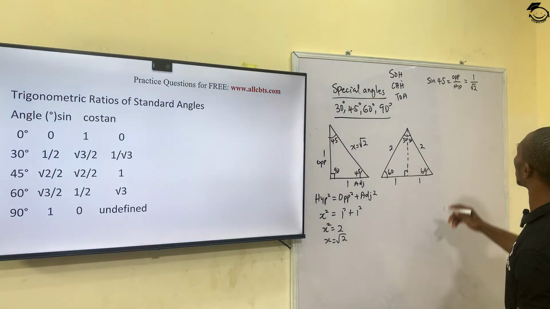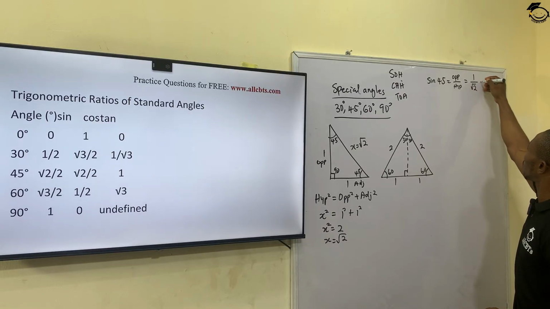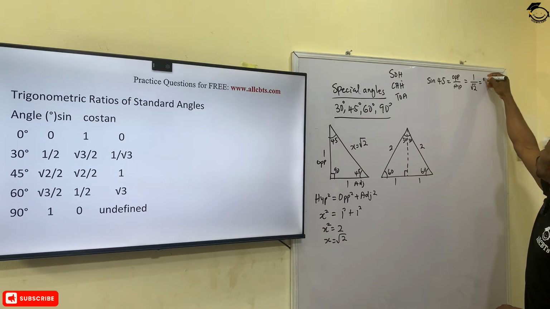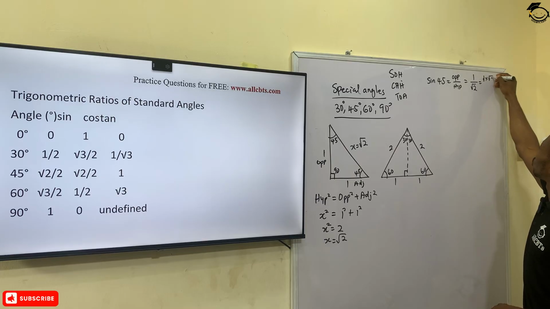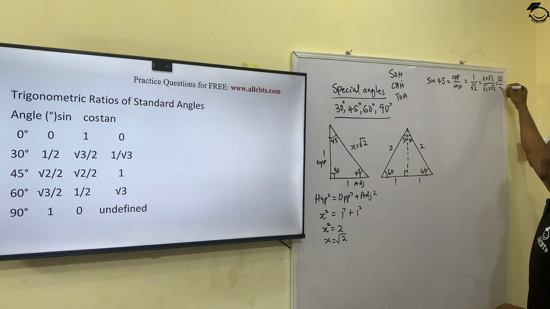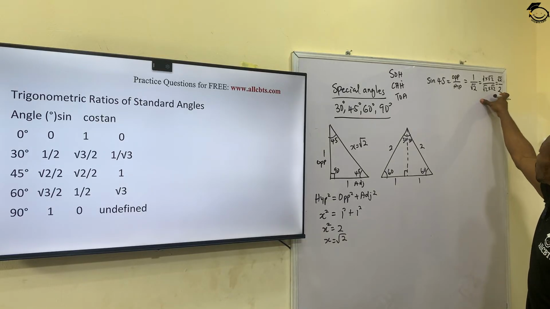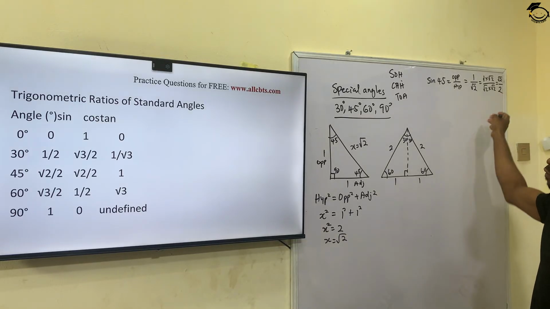So our sine 45 will be 1 over root 2, but since this is a surd, we can convert it to 1 times root 2 over root 2 times root 2, which will give us root 2 over 2. All right, now this gives us our answer for sine 45.